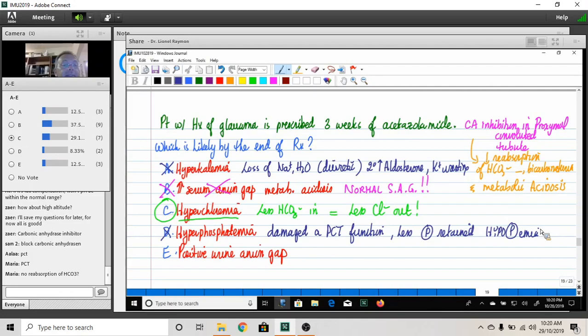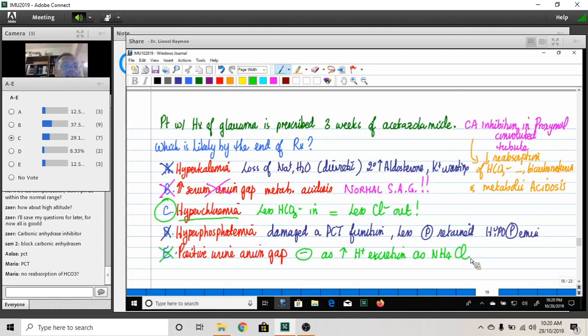Your urine anion gap, on the other hand, is going to be negative as you increase proton excretion as ammonium chloride. So I have to explain this one now, but let's look at this together.